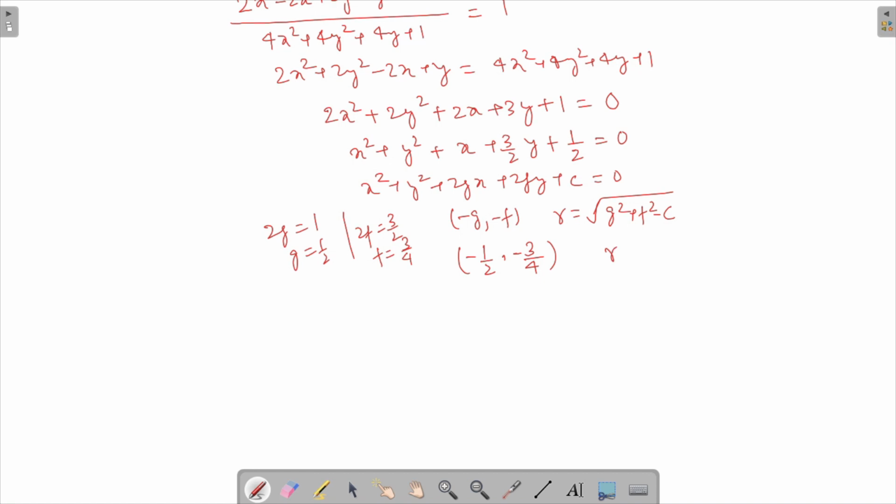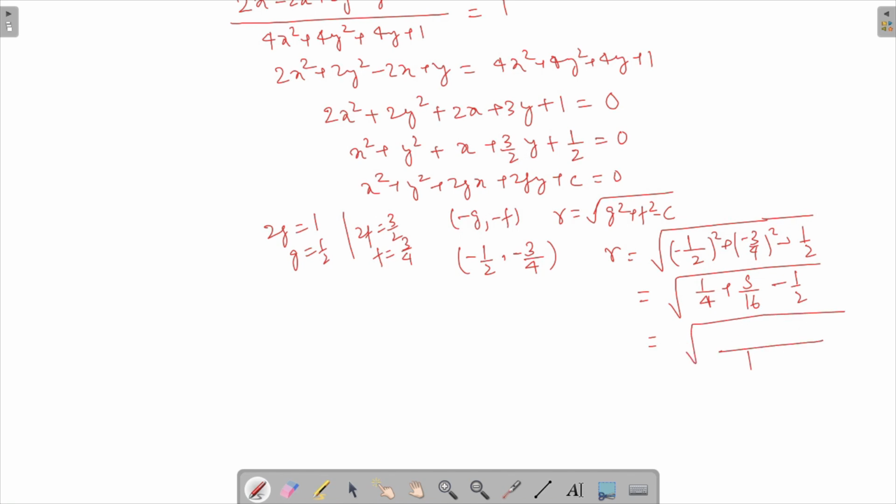So my radius would be equal to the square root of g², which is (−1/2) whole squared, plus (−3/4) whole squared, minus c, which is 1/2. That will give me 1/4 + 9/16 − 1/2, and then I'll get (4 + 9 − 8)/16.